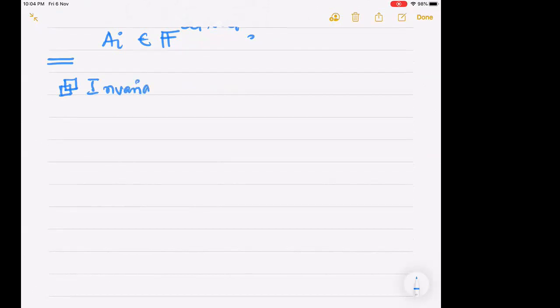Invariant subspaces. What do we mean by an invariant subspace? Here is the setting.